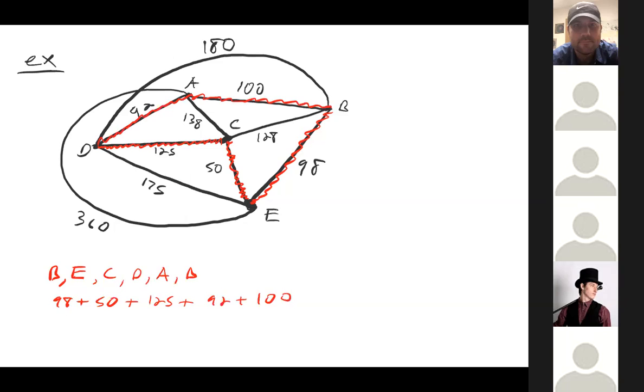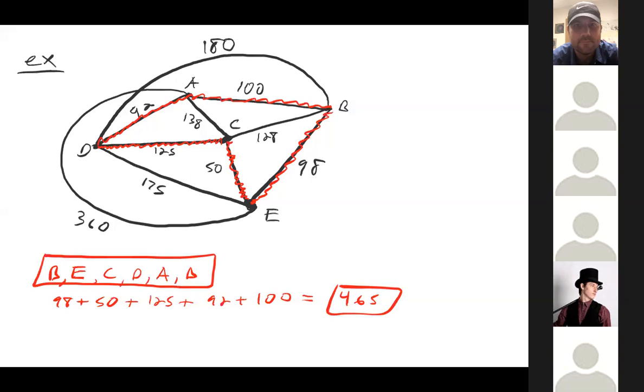Okay. And does that add up to what Haley had? Let's take a look. That will be 98 plus 50 plus 125 plus 92 plus 100 is 465. Very good. Wow, Haley, you're just that good.